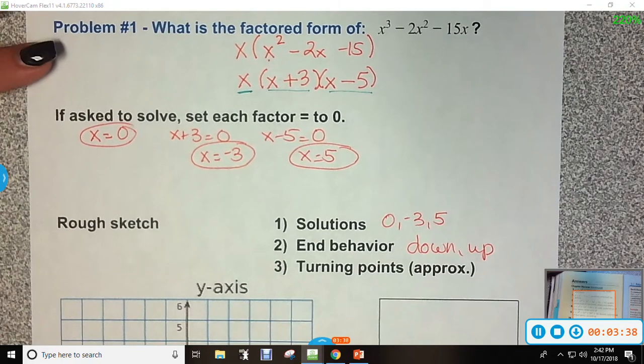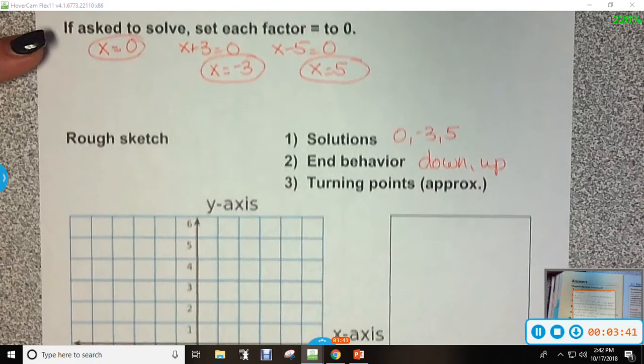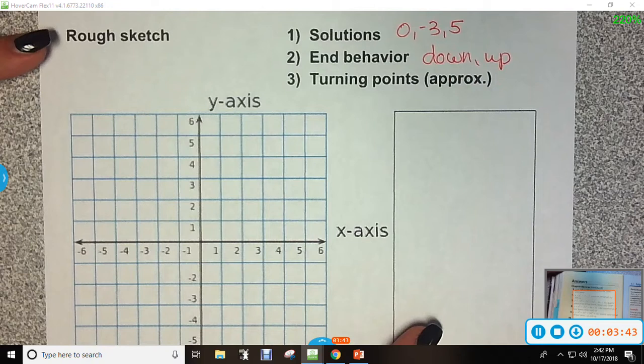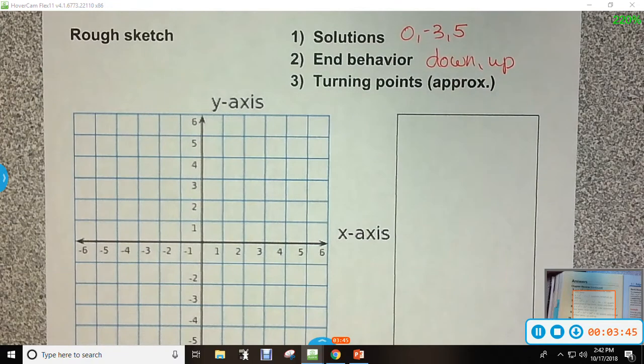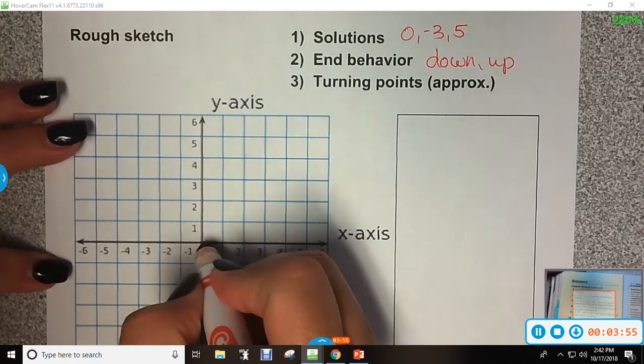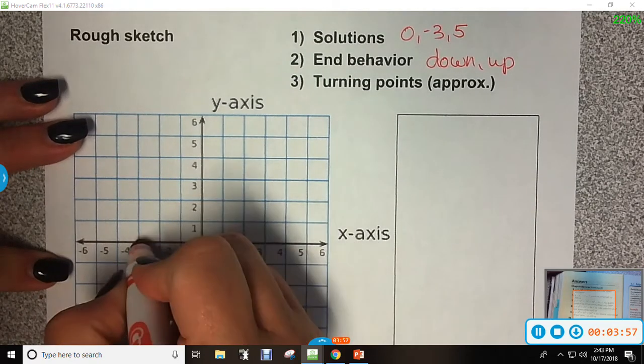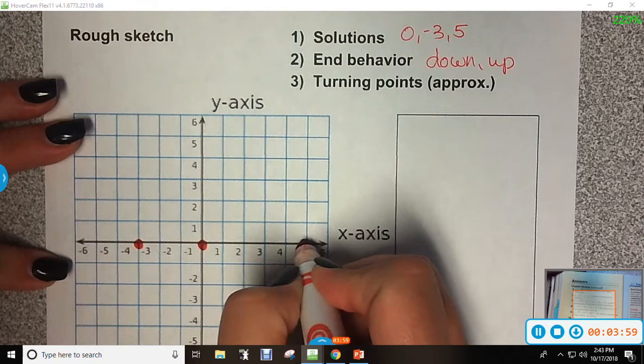So now, let me get my graph paper here. And I'm going to go ahead and put that information on my graph. Okay, so start out putting your solutions. 0, negative 3, and 5.